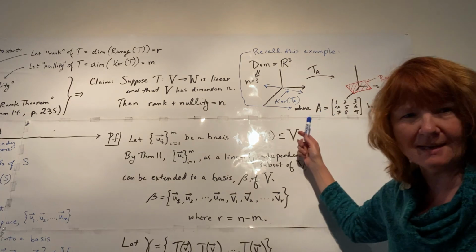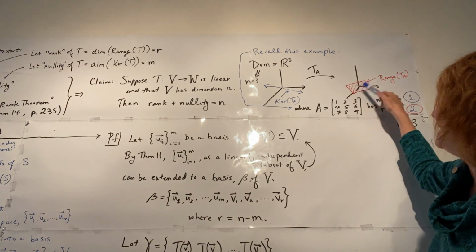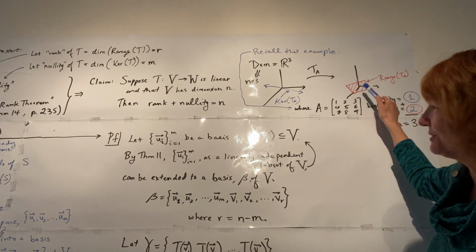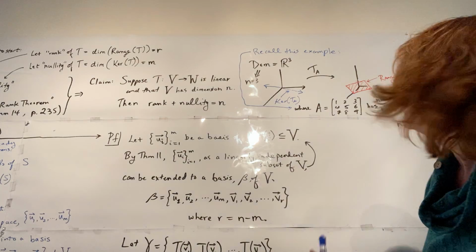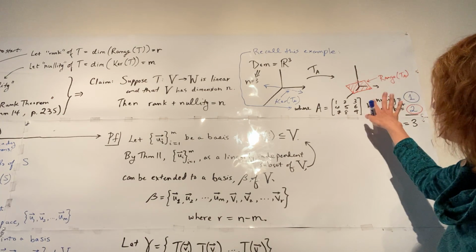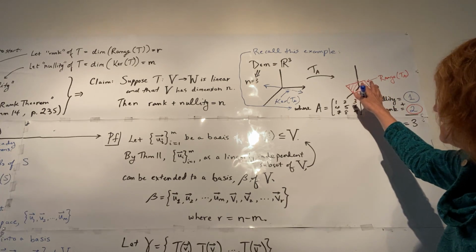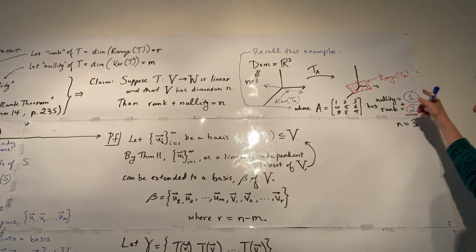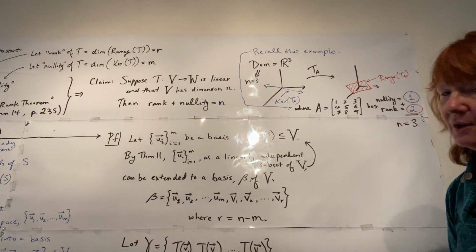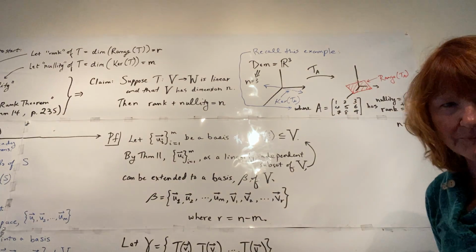Also in the course of that example, I said that, before we got into the nitty-gritty of pounding out that the range was exactly a particular plane, this theorem would have helped us predict halfway through that whatever the range was, it was going to have dimension 2, because 3 minus 1, using the nullity being 1, which is usually easier to find, is equal to 2.